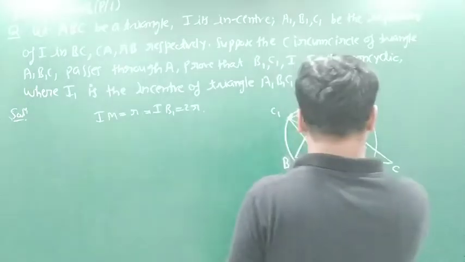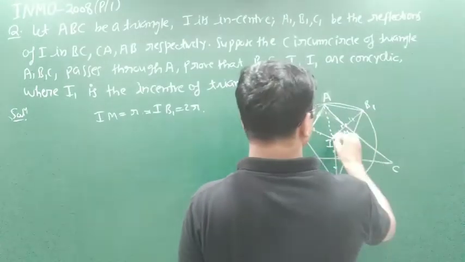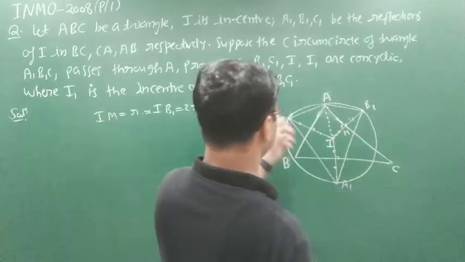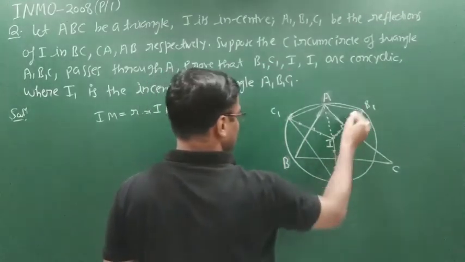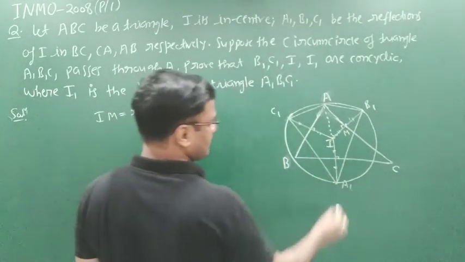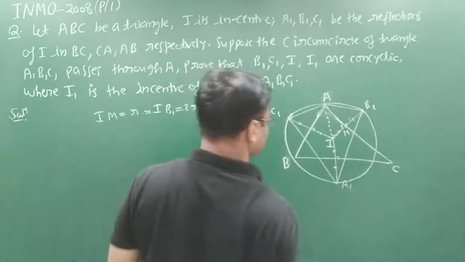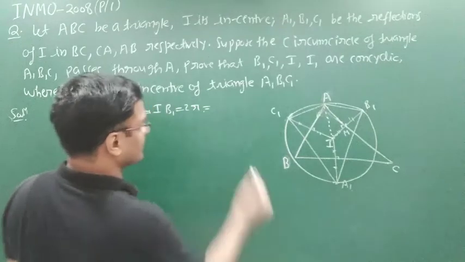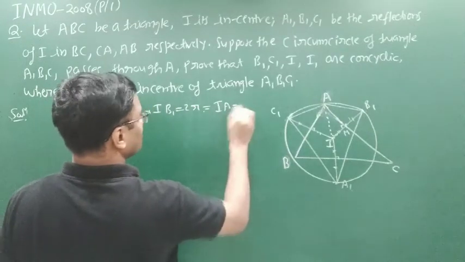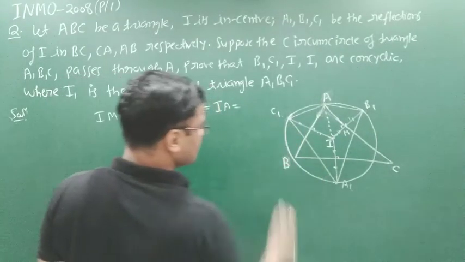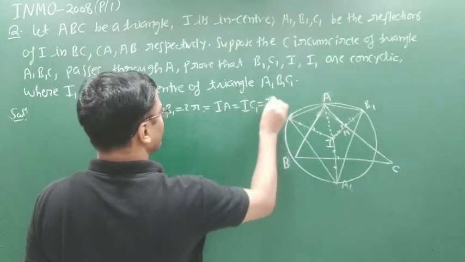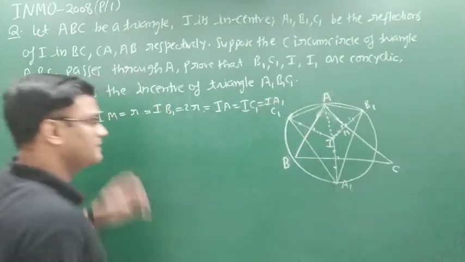And IB1 is the circumradius of triangle A1B1C1. Therefore, if IB1 equals 2R, then IA, IC1 and IA1 all become 2R.